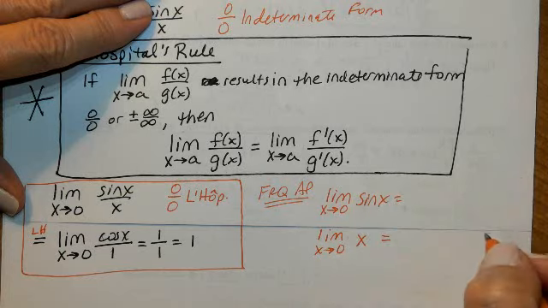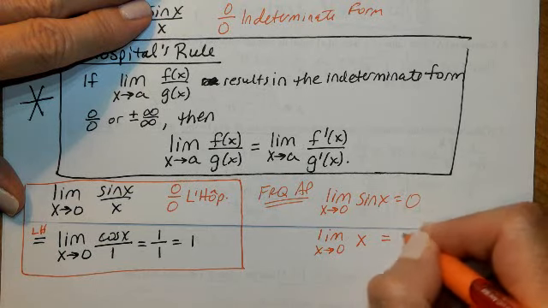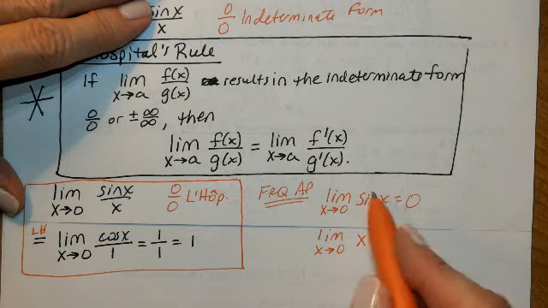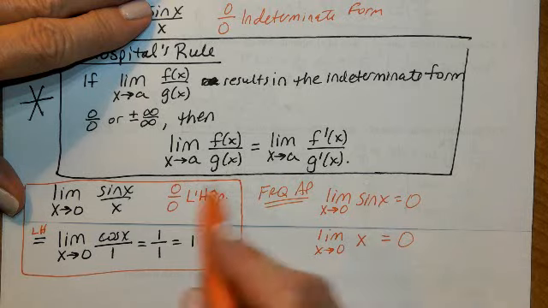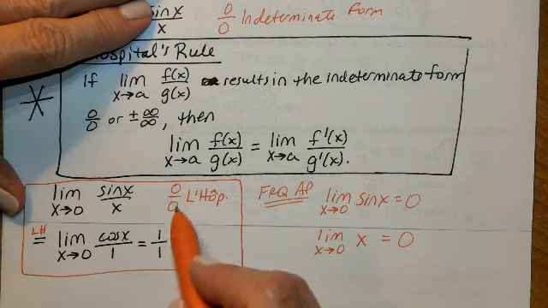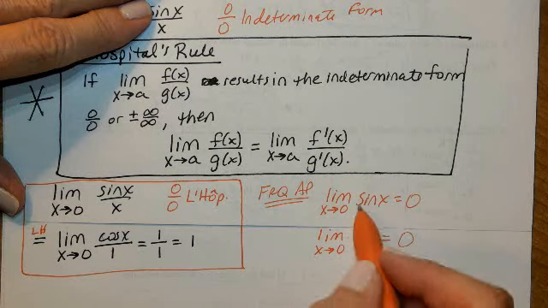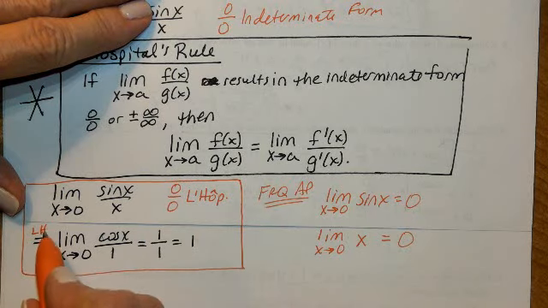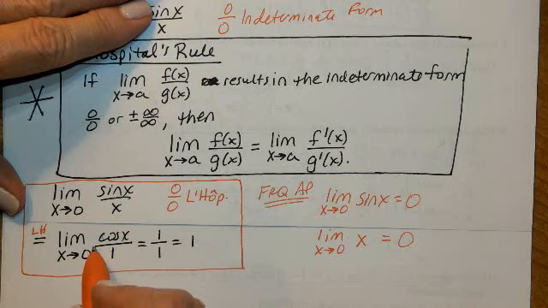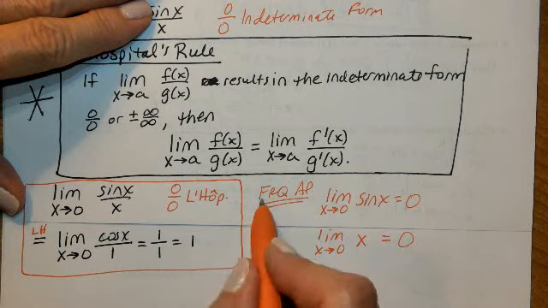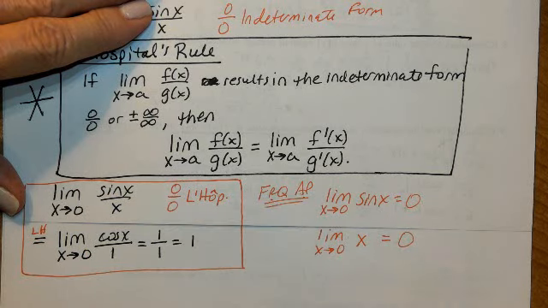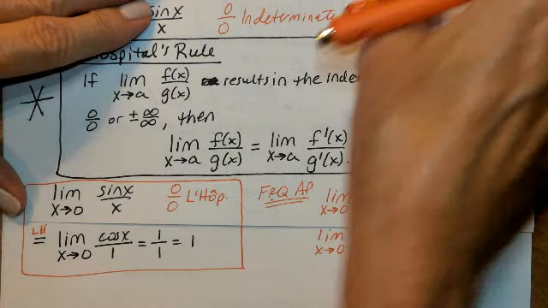They need you to say what each of those is. In this case, they're both 0. You can say this too if you want, but they need to see this. Otherwise, you will not get credit for applying L'Hopital's correctly. So just give it to them if you're on an FRQ AP exam. Let's look at another example.